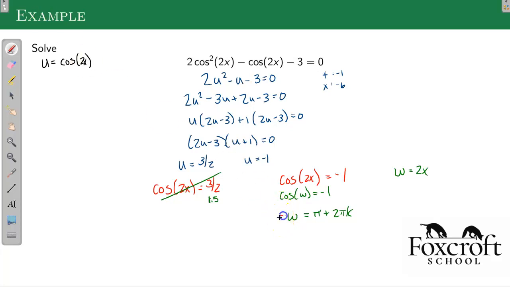But w is actually a placeholder for 2x, so now I can multiply both sides by 1/2, divide by 2, it's the same thing. And my very final answer is now I have x all by itself. Pi times 1/2 is pi over 2. 2 pi k times 1/2, the 2's cancel, and I get pi k.